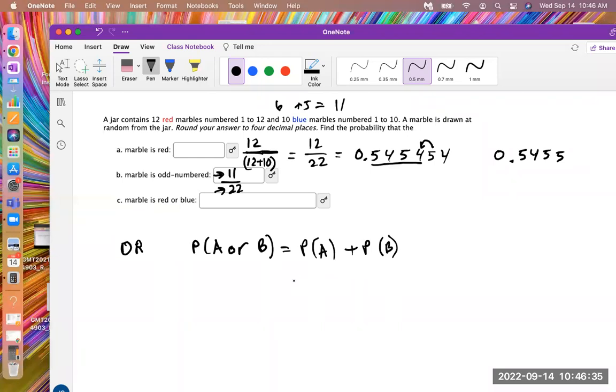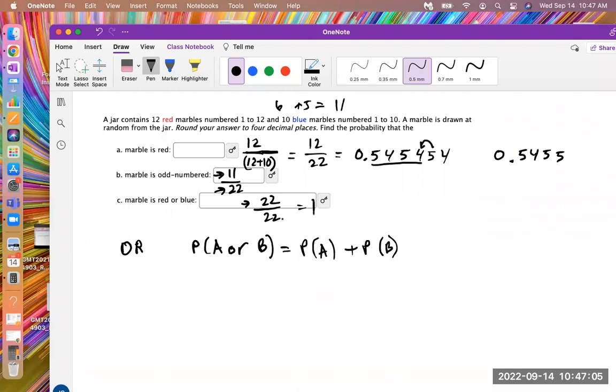Another way of putting this is you think of red or blue as how many favorable outcomes we have. How many red or blue marbles do you have? Well, all of them are red or blue, so there's actually 22 red or blue. And how many total? 22.